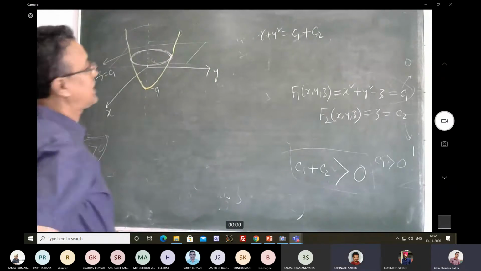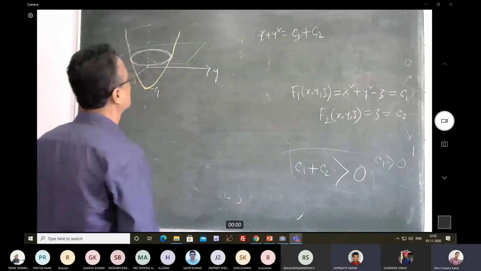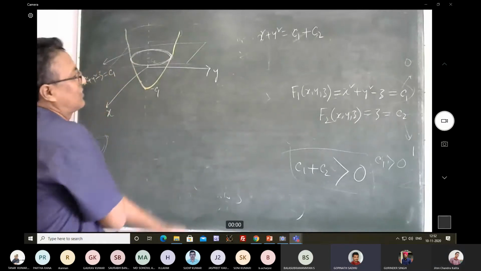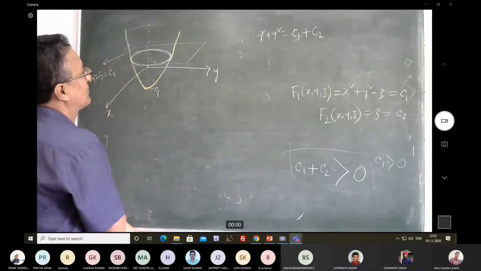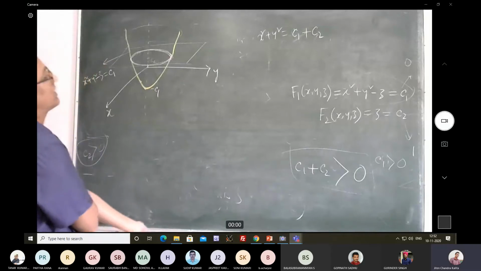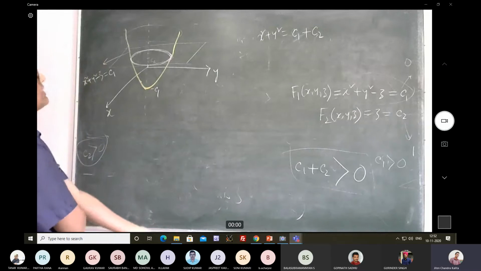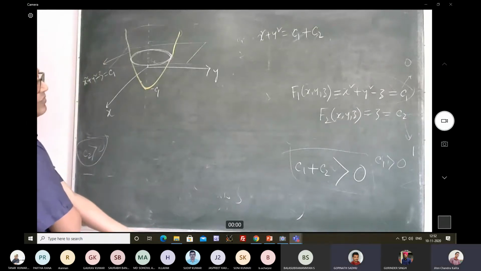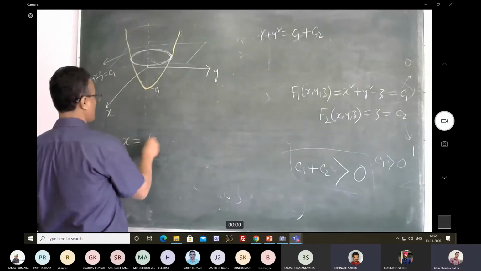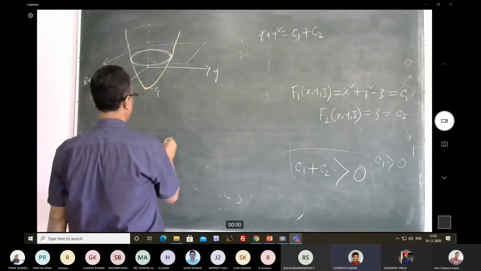X is equal to root under C1 plus C2 cos theta and y is equal to root under C1 plus C2 sin theta. Okay, that is an easy way of doing that. Can you do it without sin theta and cos theta? X is equal to t and y is equal to root under C1 plus C2 minus t squared.